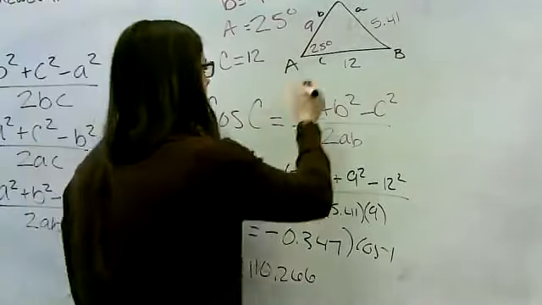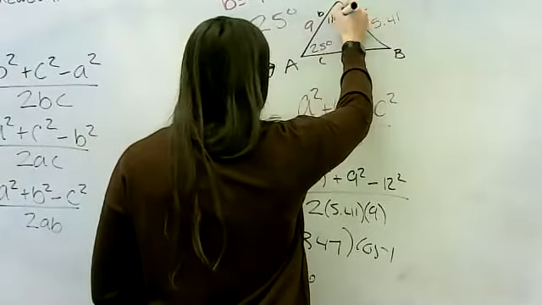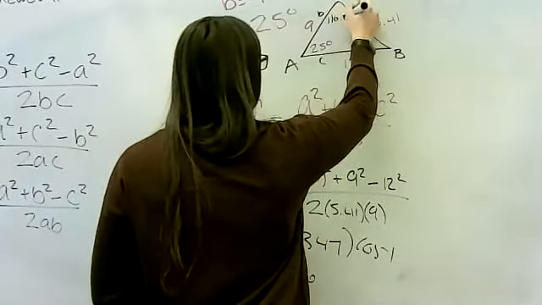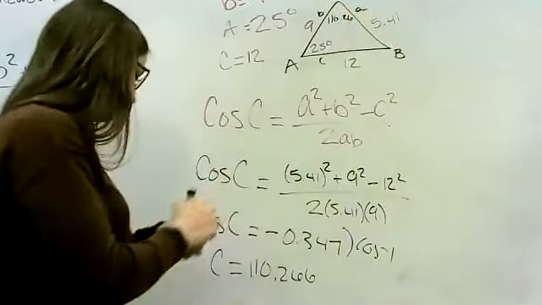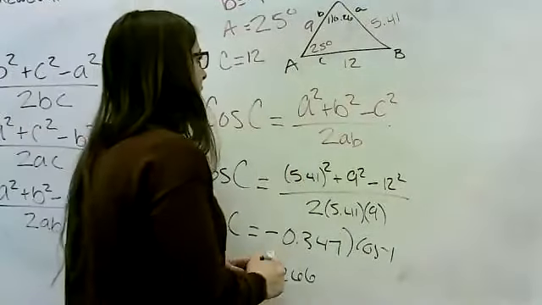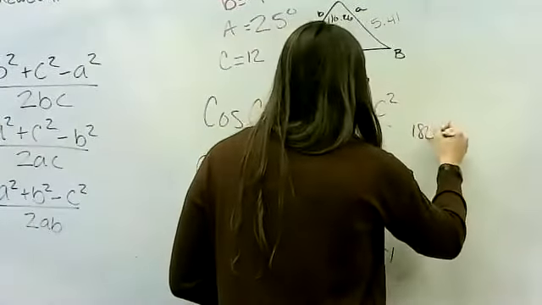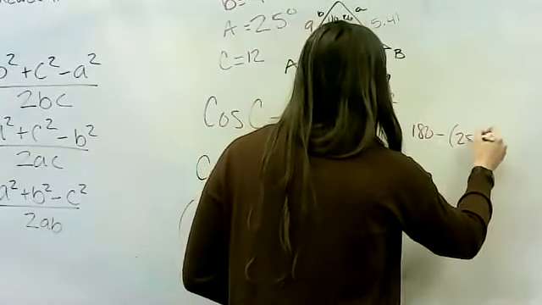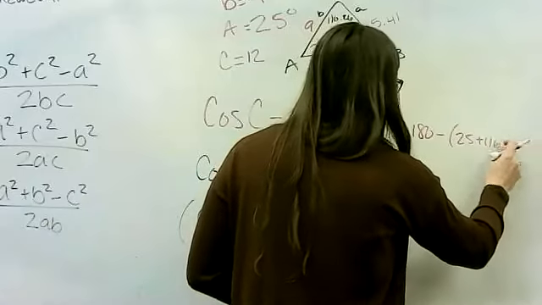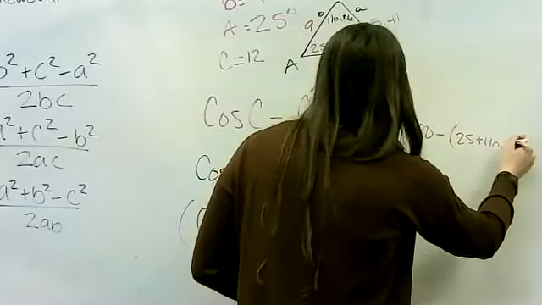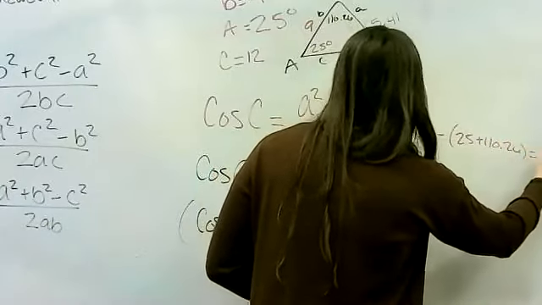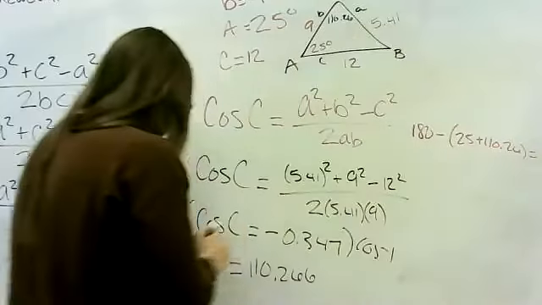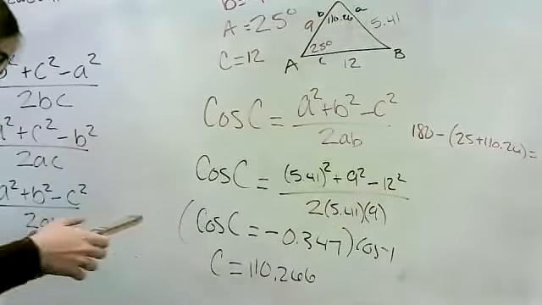So here I'm getting 110 for C, and that sounds perfect, because now when I go to solve for B, by just doing 180 minus 25 plus 110 plus 26, you will then get your B measure.